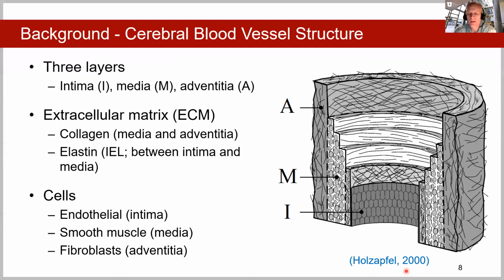Okay, and these layers have structural features to them, kind of like a woven fabric, if you will, made up of proteins that provide the vessel its mechanical strength. And there are also cells that are intermingled with these layers to provide function to the blood vessel. Again, for example, to allow it to contract and dilate.